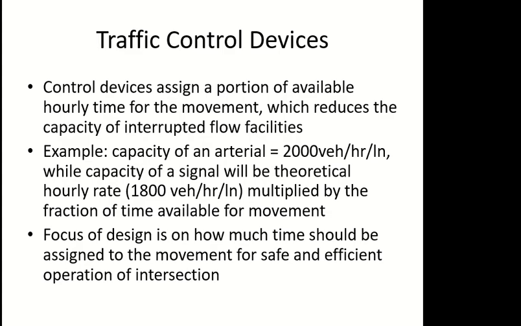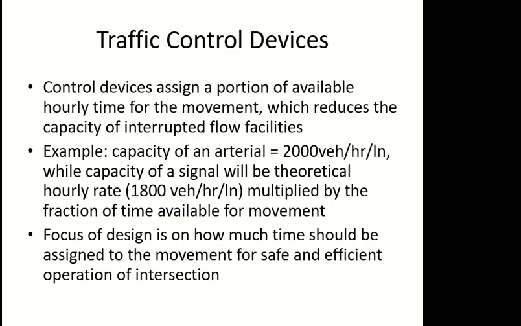That also means that you are not using the full time, the full hour. Let's say one direction has a capacity of 2000 vehicles per hour per lane. But when this highway comes to the intersection, the full hour is not available. If it was serving 2000 vehicles in one hour on the highway, when these vehicles come to the intersection, they cannot pass through the intersection at 2000 vehicles per hour.